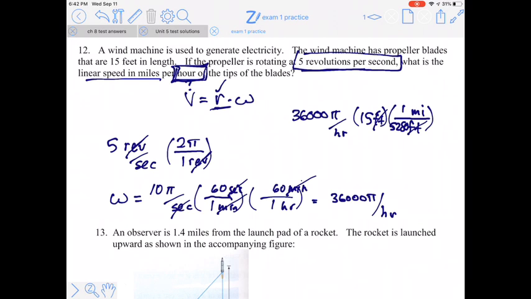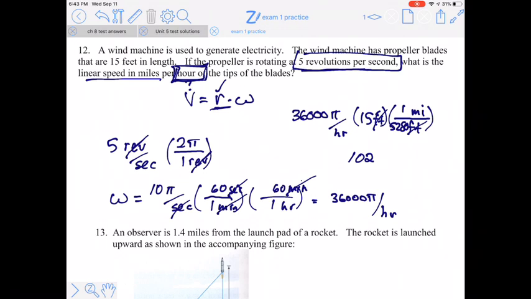If you're having trouble finding pi on your calculator, that's where we're at right now: 36,000 pi times 15, and then you divide it by 5,280.